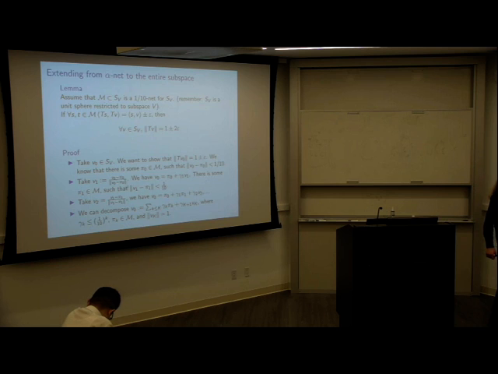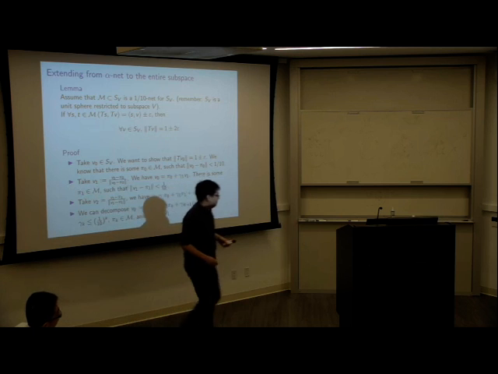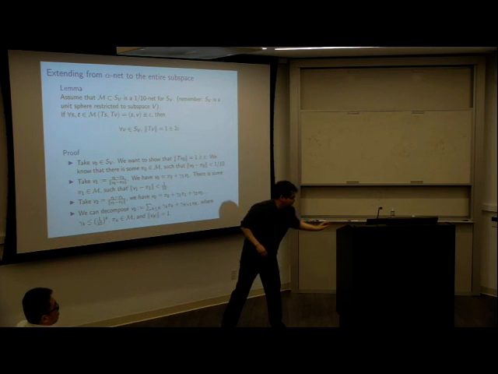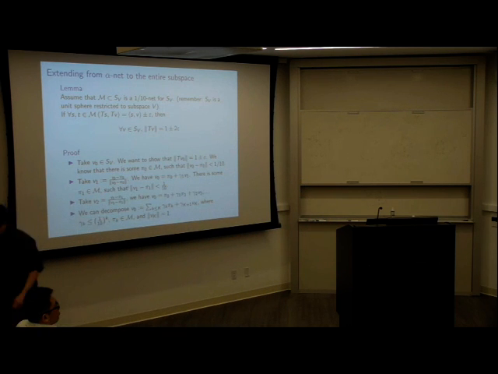So I can continue this process as long as I want. And for any point on the sphere, I can decompose it in the following way. I have a sum of points pi k in a net times some scalings. Those scalings drop exponentially, plus another scaling times some remainder. And I can continue this as long as I want, so I can make this term as small as I want, and the norm of vk is always 1.